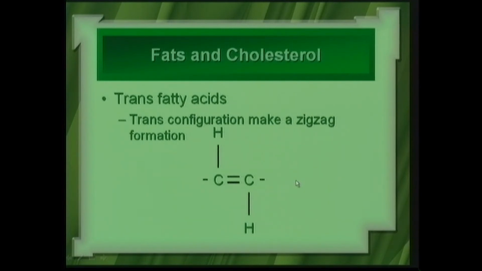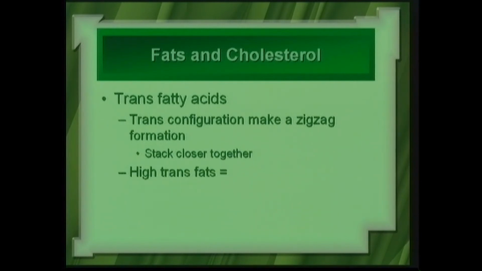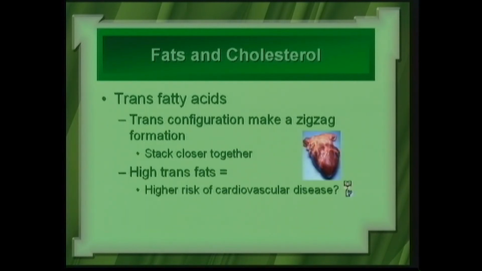That can lead to arterial plaque, which is bad. You have the stacking of them closer together, so if you have high trans fats, you have perhaps a higher risk of cardiovascular diseases, stroke and heart attack.